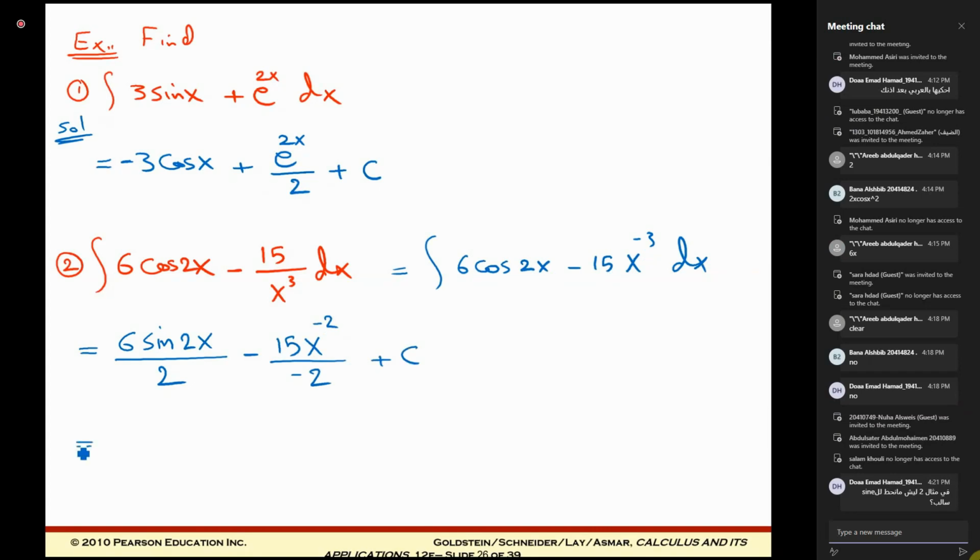If we need doing more simplify, 6 over 2, we can simplify, put 3 sine 2x negative positive 15 over 2, put 15 over 2, or we can put 7.5 like this, no problem. 15 over 2, and we can put the x in denominators, so we need to convert negative exponent to positive, plus c.